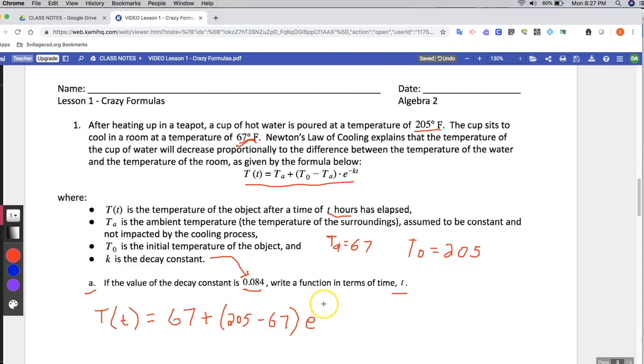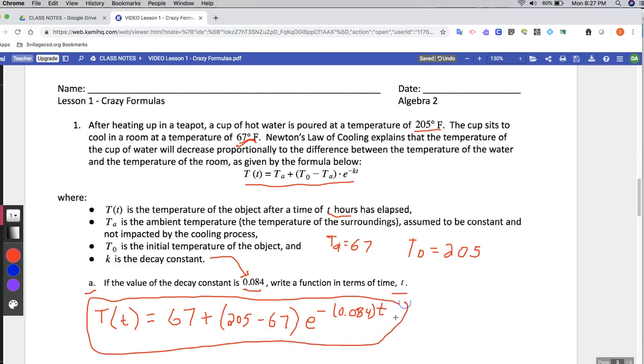It's like pi, and so we'll just leave that as a part of our answer. And then we have minus k, which is our decay constant, which we were told is 0.084. And then we have times t, and our answer is supposed to have that little t as a part of our final answer. So this is our equation and our answer for part A.